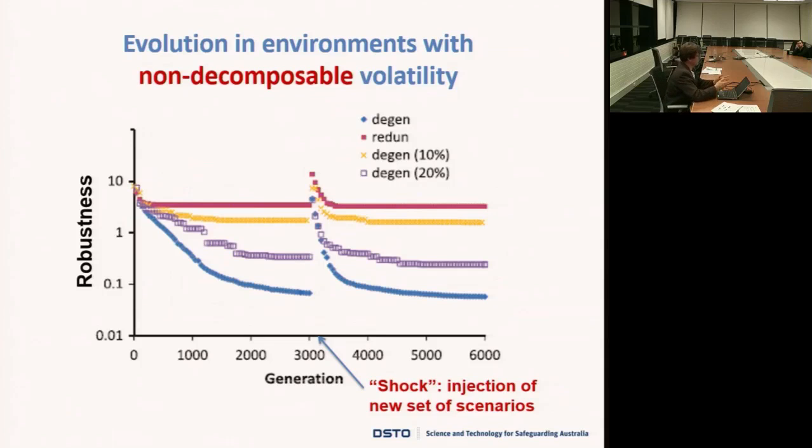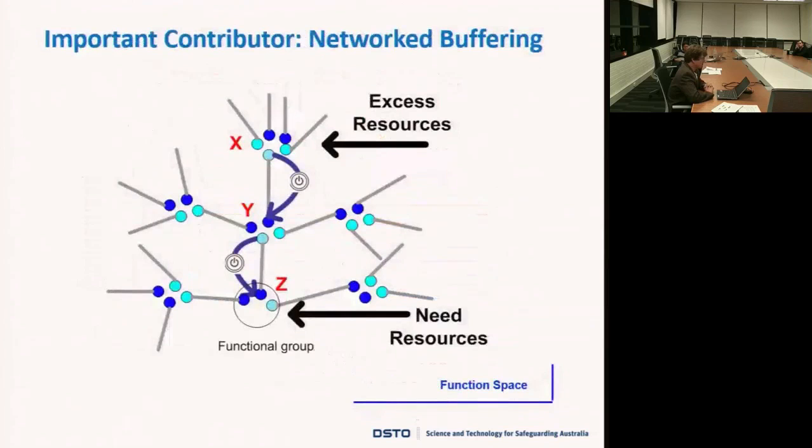So something has happened in the structure of the fleets, in particular in the degenerate one, that seems to cope better with this unknown uncertainty.